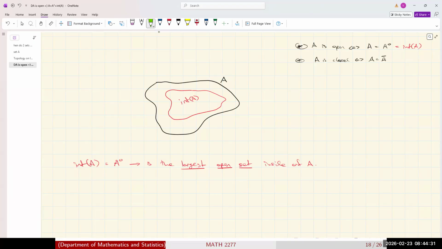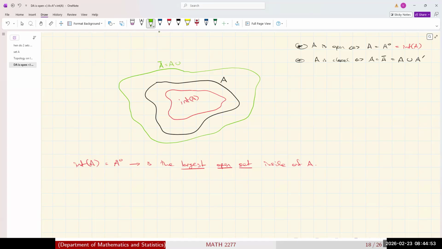Now the closure is out here. The closure is A union something. Remember the closure is A union its derived set. So the closure should be bigger than A. That's why we draw it on the outside. So this is the closure.